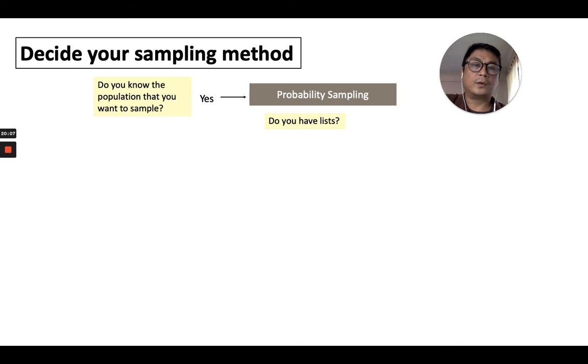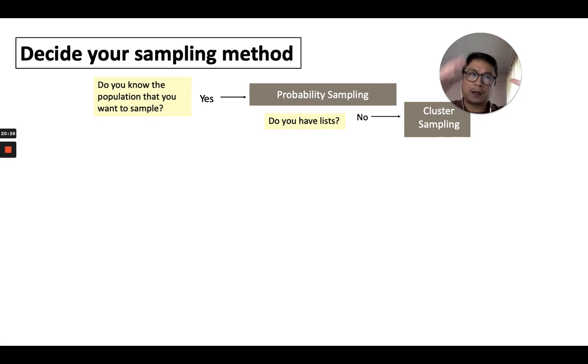Now, if you're going to do probability sampling, do you have a list? Do you have lists for specific sampling frames that are manageable? Okay. If you do not have any feasible lists, then you do cluster sampling, so that you might go down to a lower level, lower groupings, and maybe in those smaller groups you'll be able to develop your sampling frame.